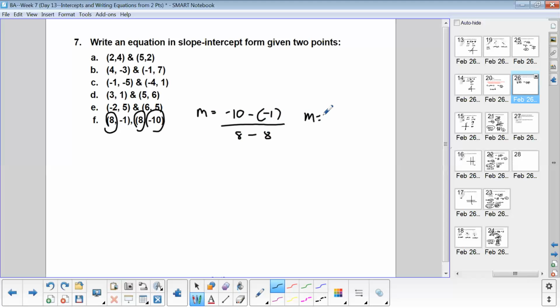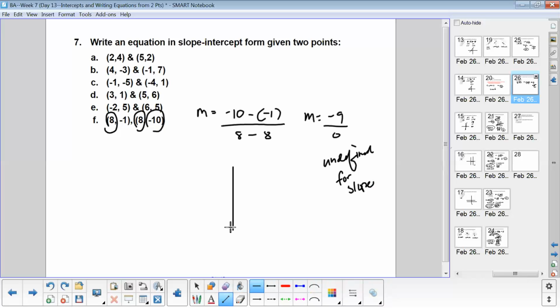I would get negative 10 plus 1, or negative 9, divided by 0. And that's going to give us an undefined value for slope. And so that's not going to give us a horizontal line. That's actually going to give us a vertical line. And where will that cross? It will cross at 8.